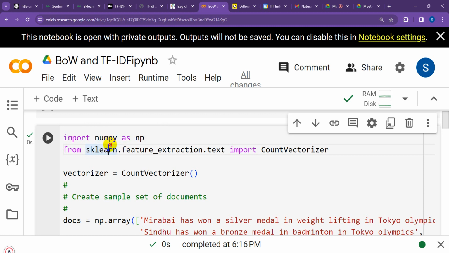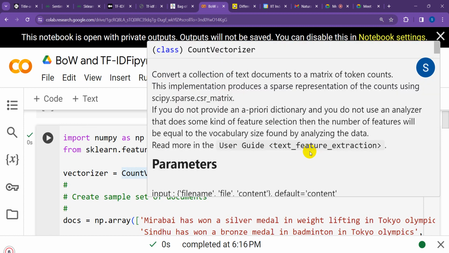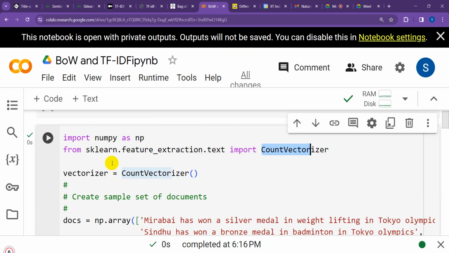In sklearn, from feature_extraction.text you are importing this CountVectorizer that will help you compute the bag of the words representation. So how does it go? We are creating an instance of it, a vectorizer. We have created an object, and the entire functionality of this package will be stored in this vectorizer object.